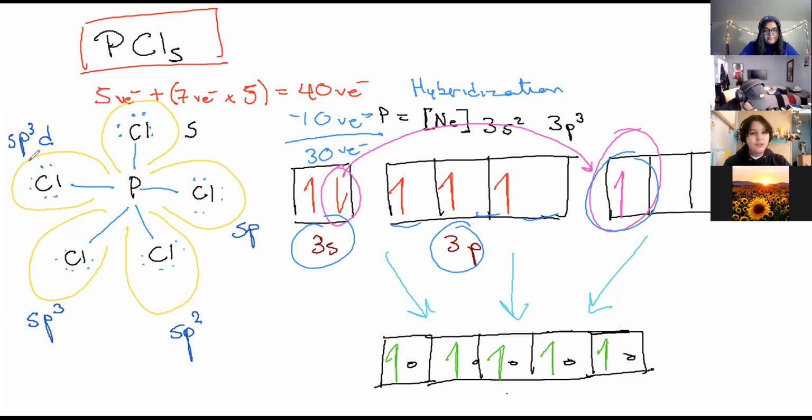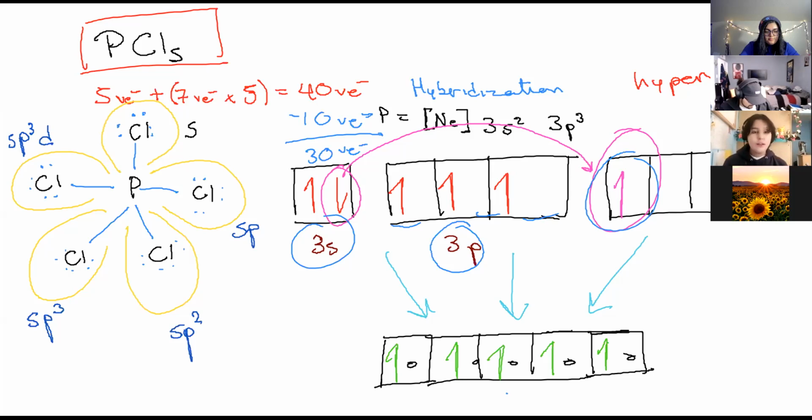Once you understand how it works, it's like, oh my God. This thing that phosphorus does, and sulfur does too, is called hypervalency. Phosphorus uses those unused d orbitals because it can.